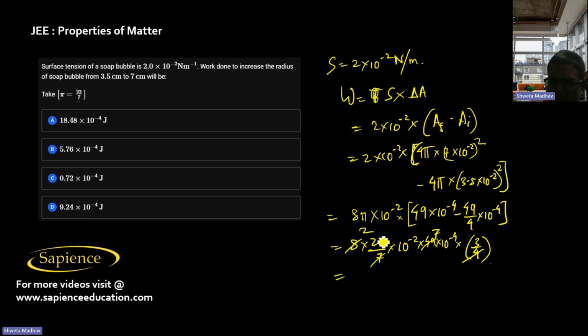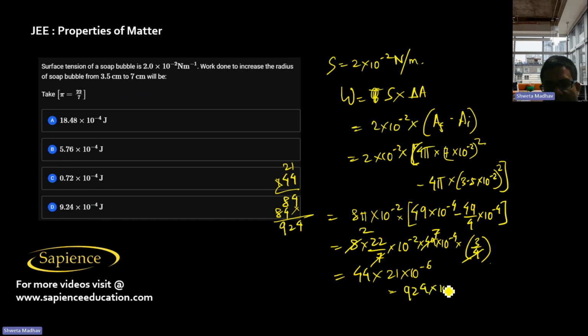So this will be 44 into 7 3s are 21, 21 into 10 power minus 6. 44 into 21: 4 ones are 4, 4 twos are 8, 84, 4 12 924. So 924 into 10 power minus 6 joule. So I can say it is 9.24 into 10 power minus 4 joule. Option D is the correct answer.